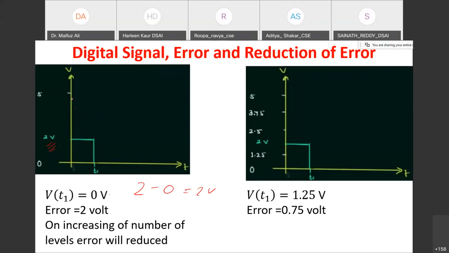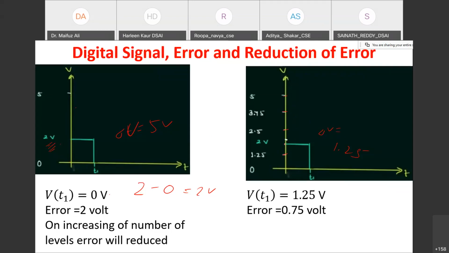Sir, small doubt. If you take 1, 2, 3, 4 levels, your delta V was 5 volt, and here delta V is equal to 1.25 volt. So you can see the levels 1.25, 2.5, 3.75 and 5.